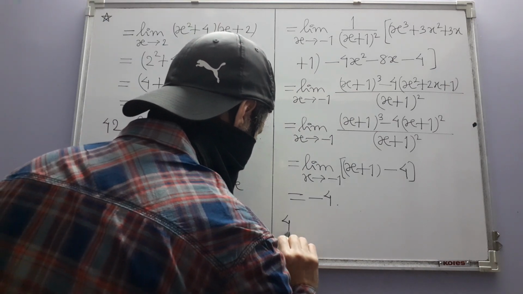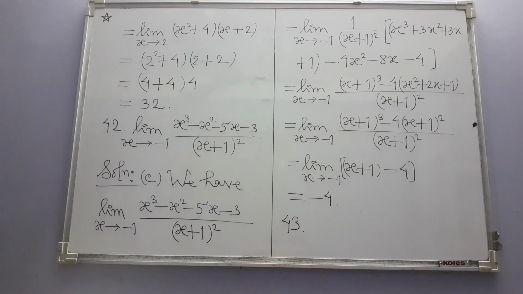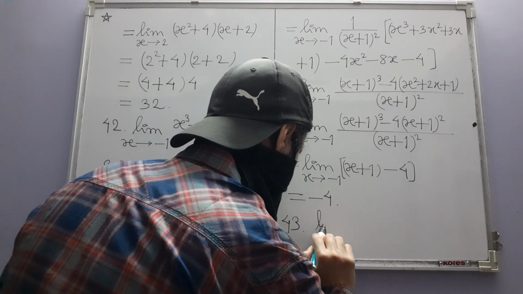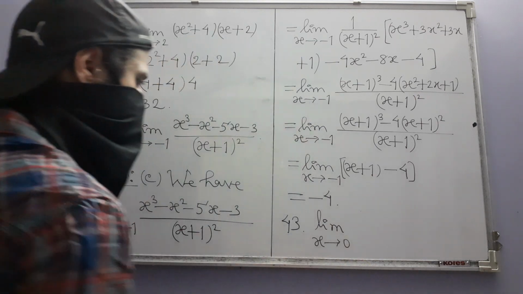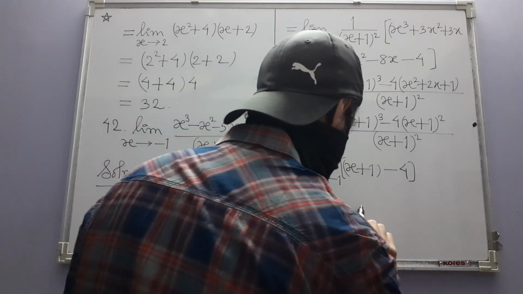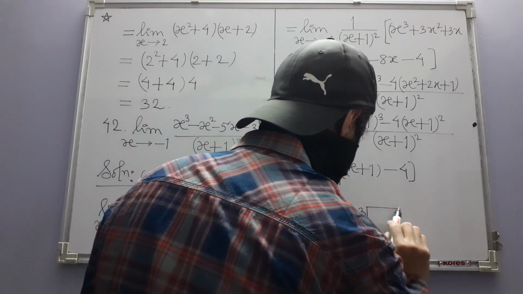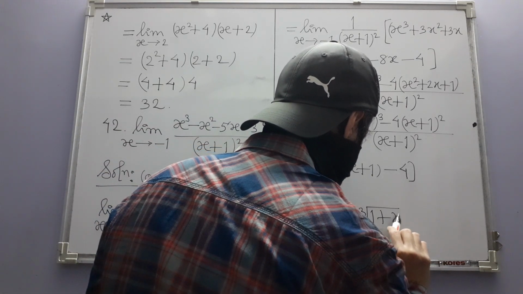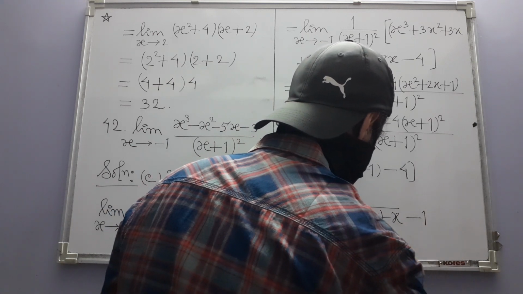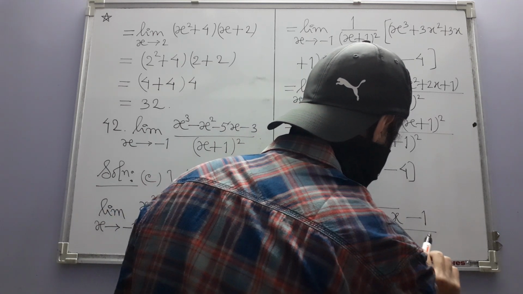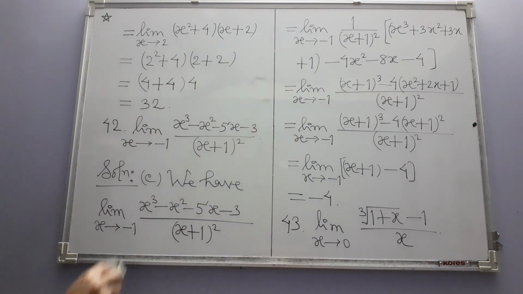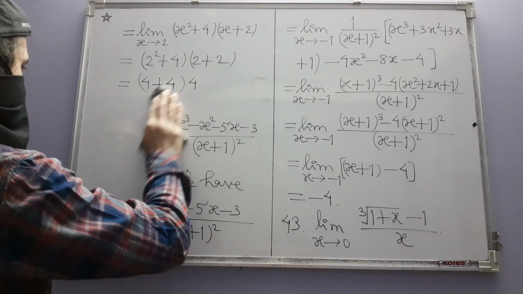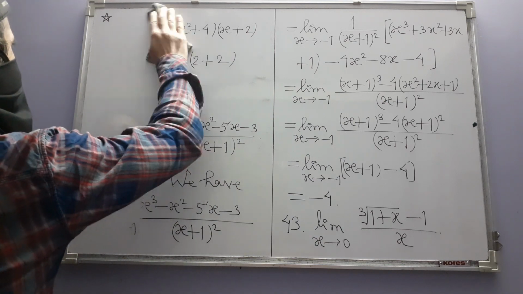Next, 43. This is cube root of 1 plus x, because of which it looks somewhat complicated at first, but then you realize what is going on. Here x is approaching 0.